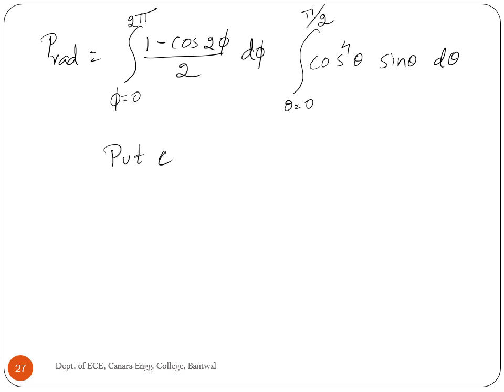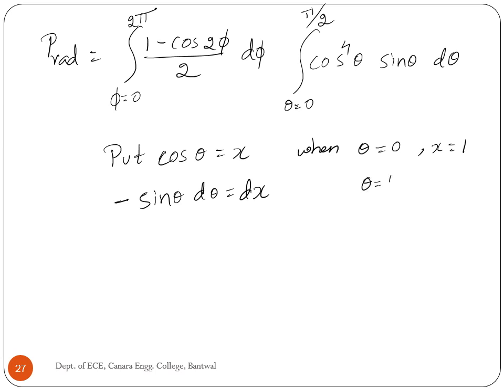Put cos theta equal to x, so minus sin theta d theta is equal to dx. When theta equals 0, x equals 1; when theta equals pi by 2, x equals 0.